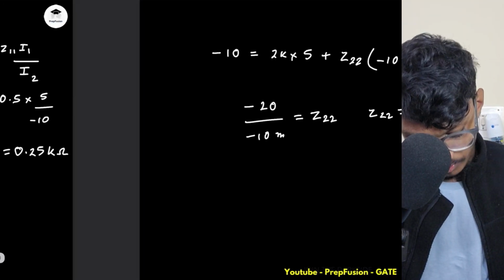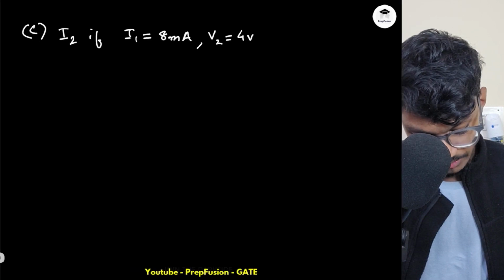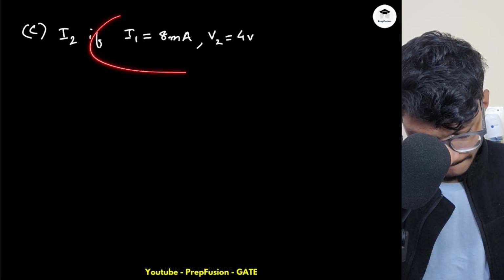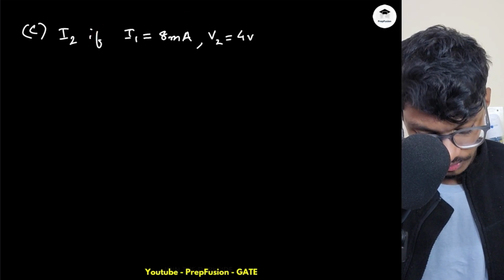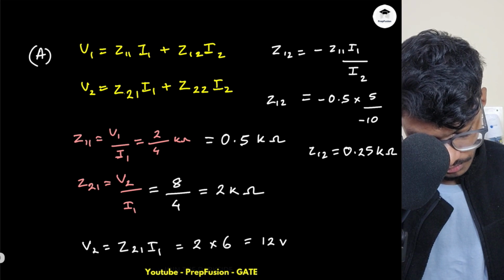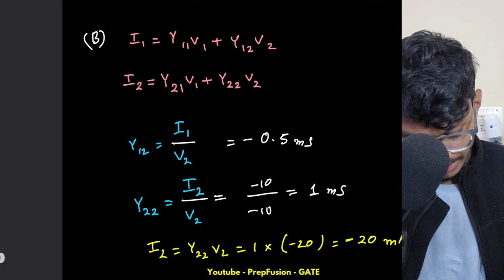Now we know all the Z parameters. We have to find out this case. So I will write down the parameters one by one.